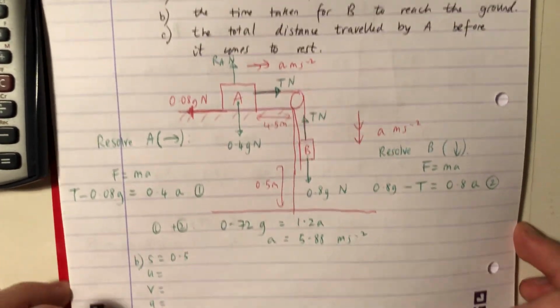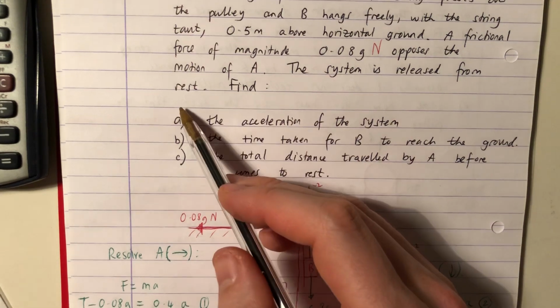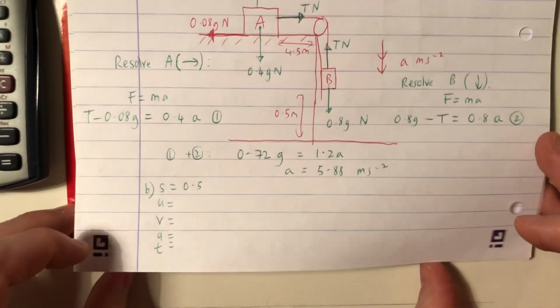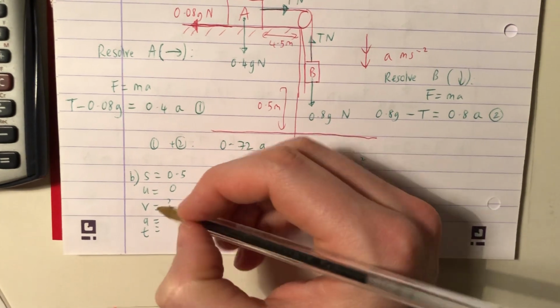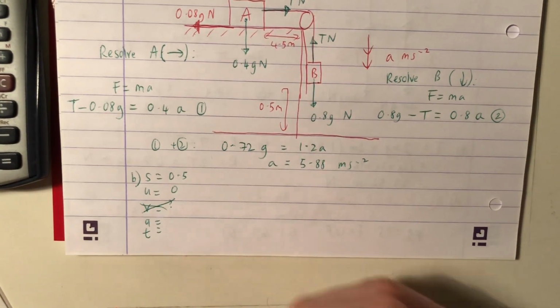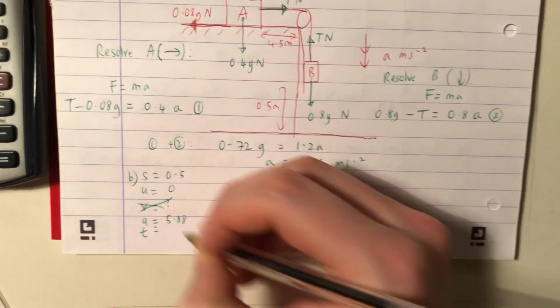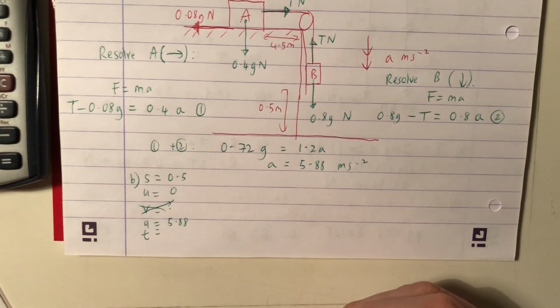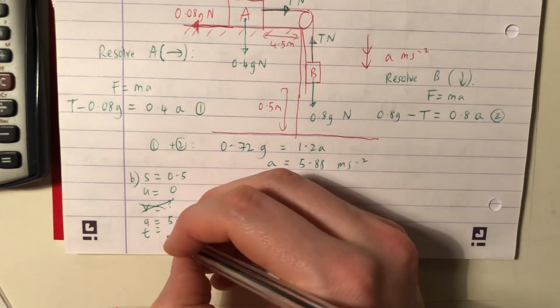Initial velocity. Now let's check the wording. The system is released from rest. So initially it was 0. V is unknown. A is what we've just worked it out to be, 5.88. And T is the thing we want to work out.